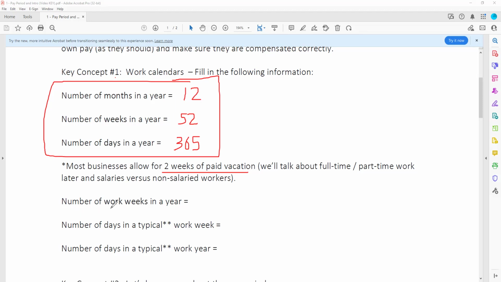In other words, work weeks in a year, you can count on 50. The number of days in a typical work week is five. We normally don't work Saturdays and Sundays, though some people who work weekends might get Monday and Tuesday off. So the number of days in a typical work year: 5 days a week for 50 weeks is about 250 days.